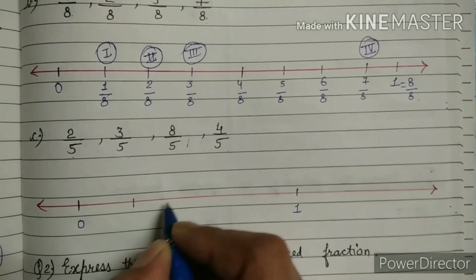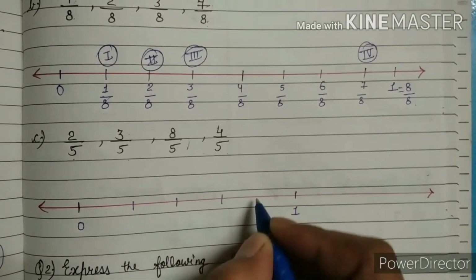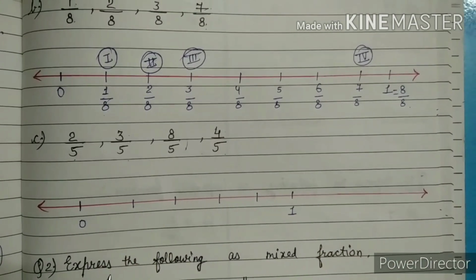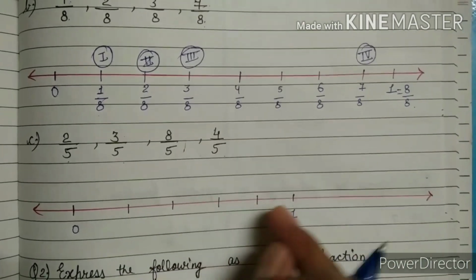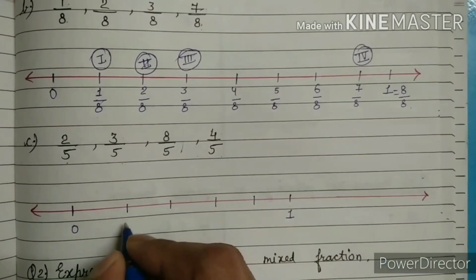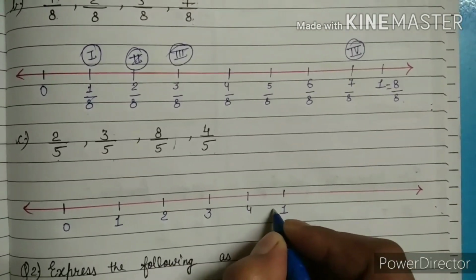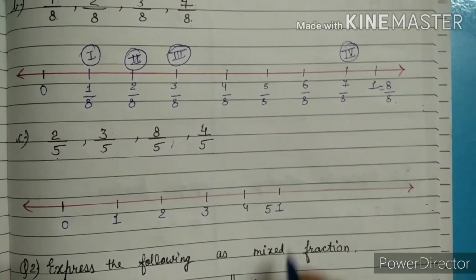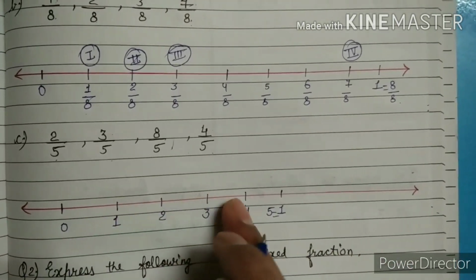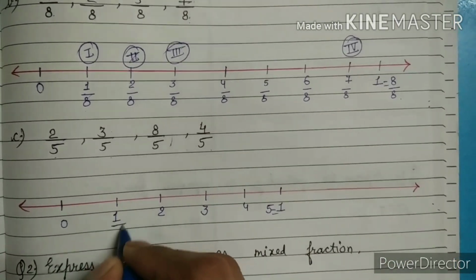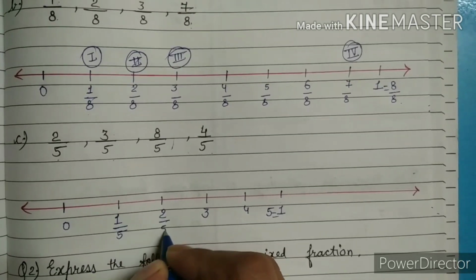So this is first, second, third, fourth, and the last is fifth. 1 2 3 4 5 gaps are there. So first part, second part, third part, fourth part, fifth part. Now how many parts did we do here? We did a total of 5 parts. So 5 will come in the denominator.